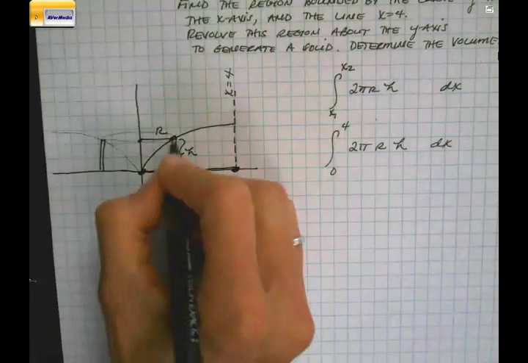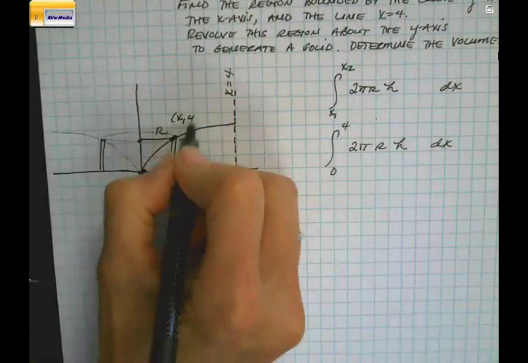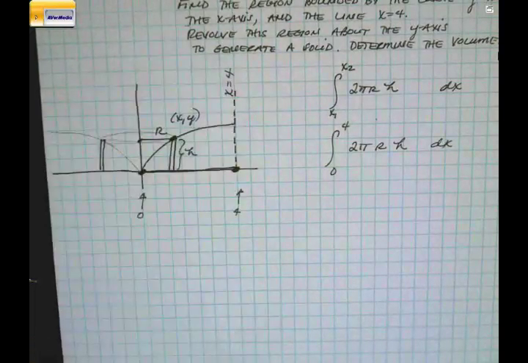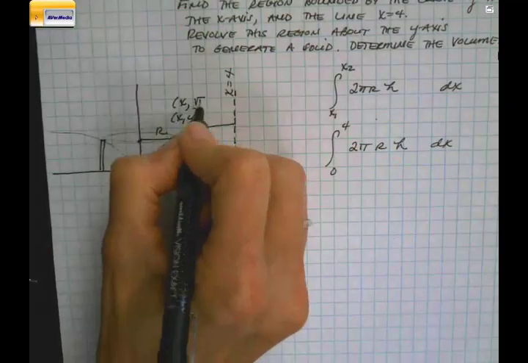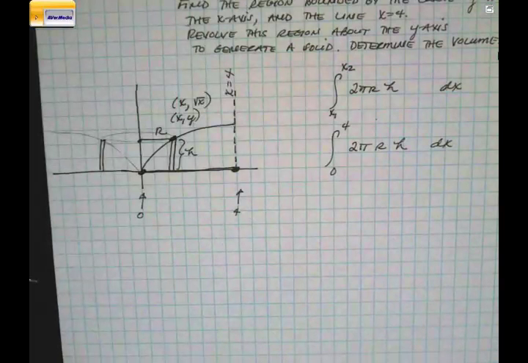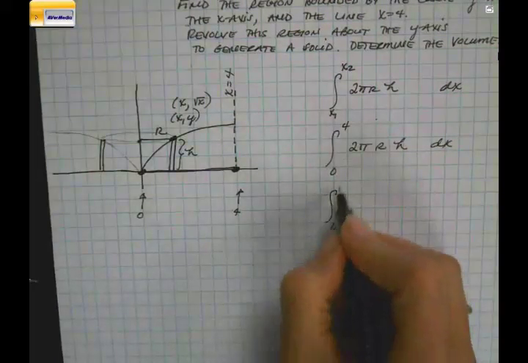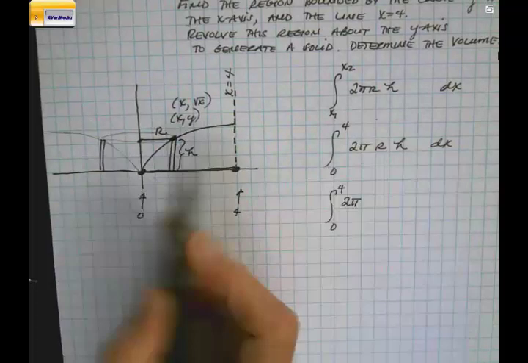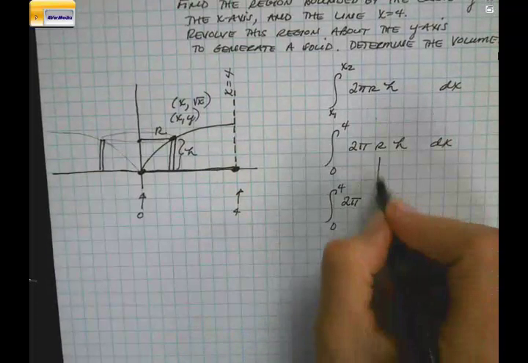Now, the point right here on the curve, its ordered pair is x, y, but we want everything in the variable x, and so we're going to rewrite this ordered pair as x, square root of x. So therefore, when you're integrating from 0 to 4 of 2 pi, your radius is the horizontal value of that ordered pair.